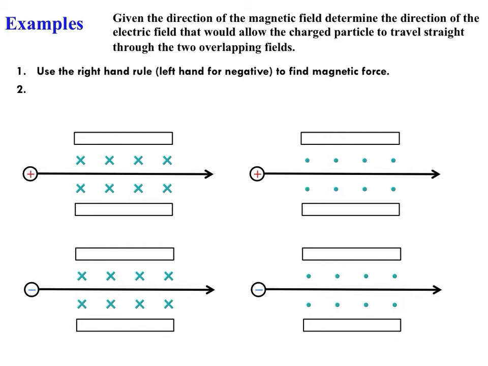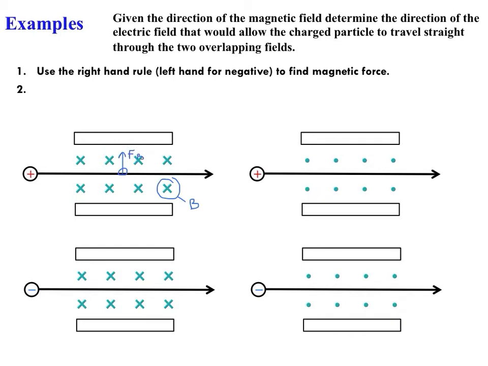Again, first off, we are asked to use our right-hand rule to find the direction of the magnetic force. So this is telling me the direction of my magnetic field. This is B, and this is going into the page. And my thumb is going to the right. So that means that my force must be going up.